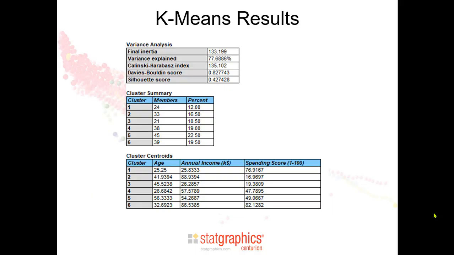In particular, if you look at the Calinski-Harabasz index, Ward's method could only achieve a value of 128. This k-means procedure achieves a value of 135, which implies somewhat tighter clustering. There's also a Davies-Bouldin score and a silhouette score. I'll talk about the silhouette score in a couple minutes.